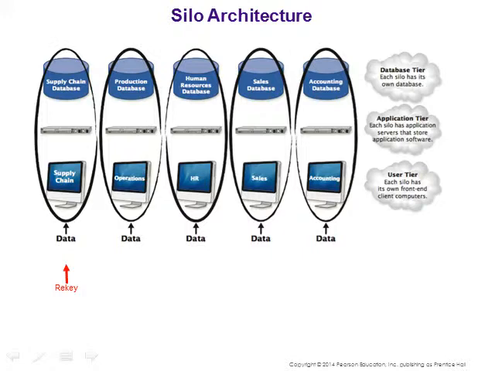We had this three-tier process where we had a database tier for each individual silo. So we'd have a supply chain database, a production database, a human resource database, and so on. We have the application tier, which has a server that stores the application software, and then we have the interface to the user tier, which is the front end of the office, the client computers.